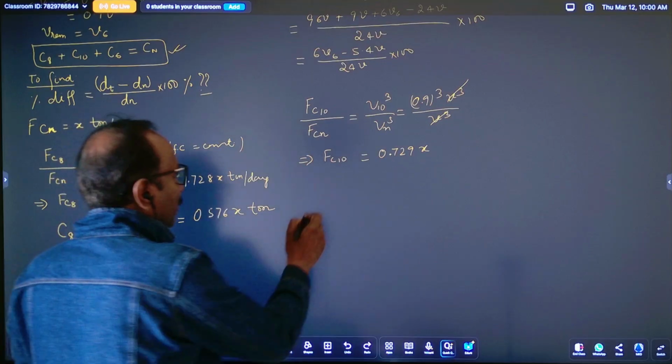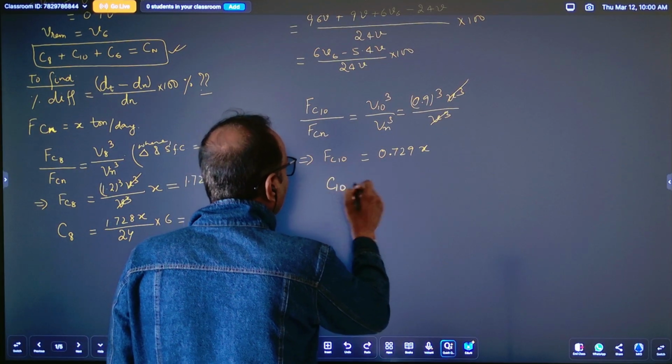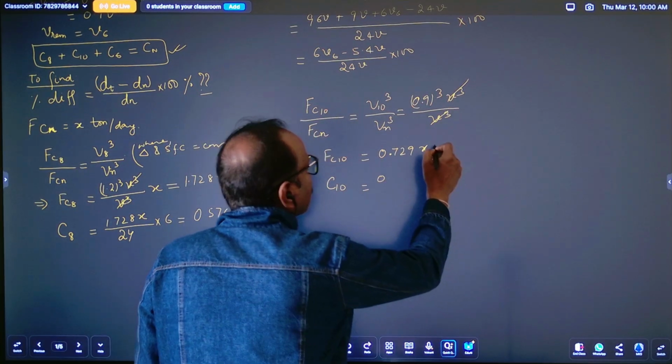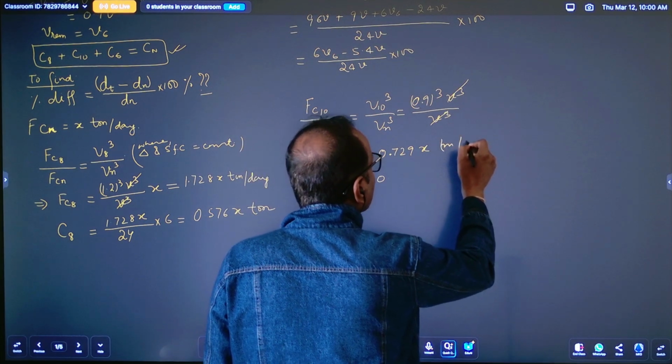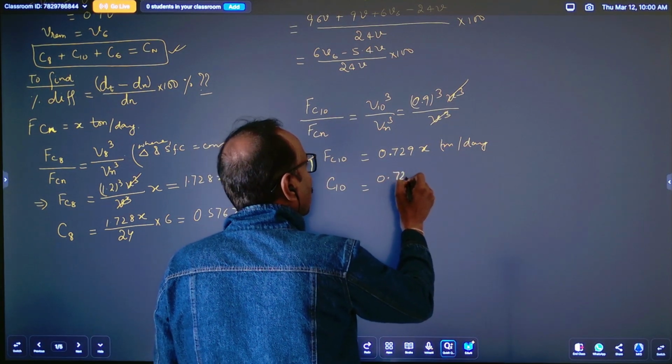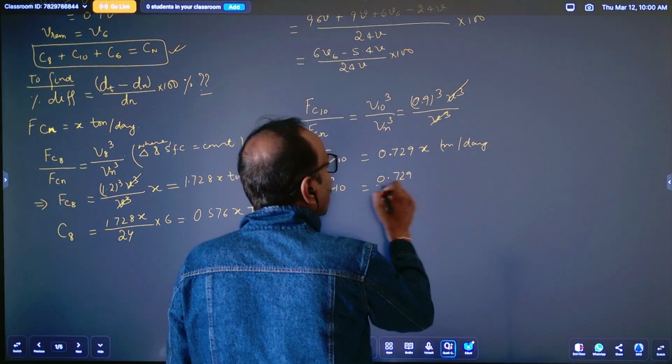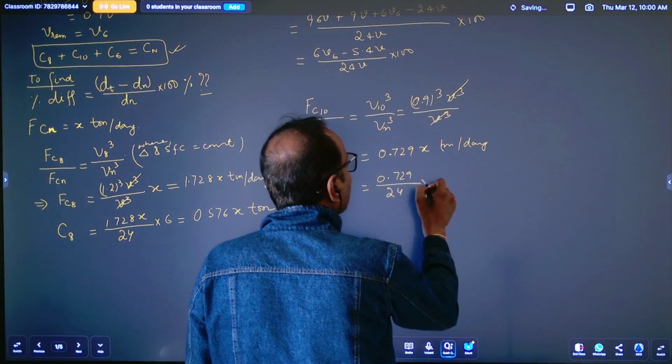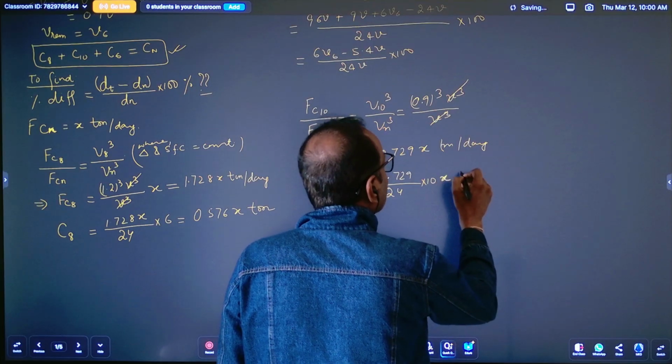So for 10 hours, consumption will be 0.729 by 24 into 10 x 10.